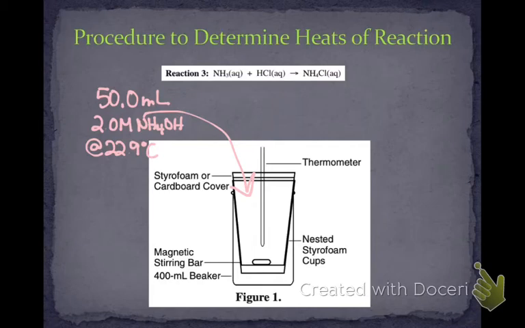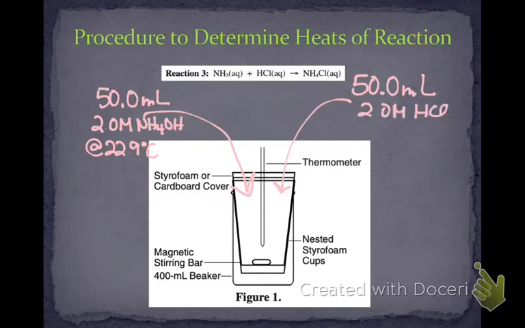You want to make sure your magnetic stir bar is in the calorimeter that was cleaned and dried before we used it for the third reaction, the same calorimeter, and you will begin stirring. Once you have it stirring, you're going to add your 50 mils of 2 molar HCl, and again at 22.9 degrees C, and you are going to record the first temperature at 20 seconds, and then you'll record every 20 seconds for 3 minutes.